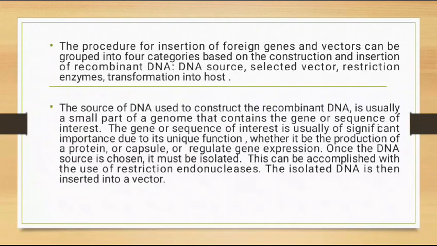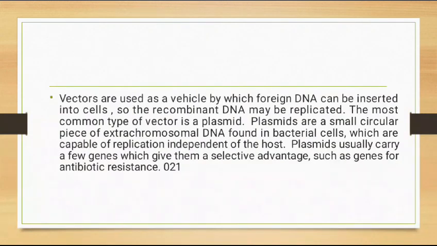Once the DNA source is chosen, it must be isolated. This can be accomplished with the use of restriction endonucleases. The isolated DNA is then inserted into a vector. Vectors are used as a vehicle by which foreign DNA can be inserted into cells so that the recombinant DNA may be replicated.